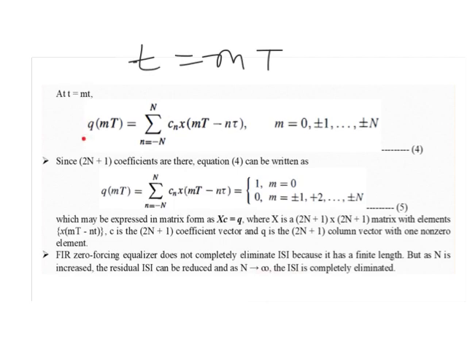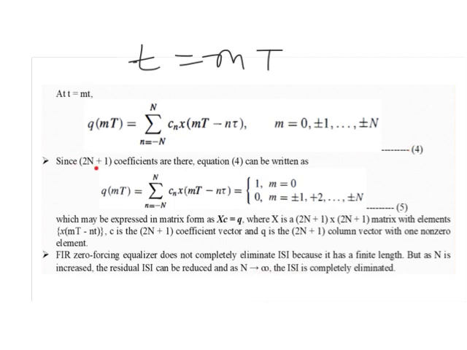The sampled value q of mT is equal to summation Cn x of mT minus n tau, where the m value ranges from 0, plus or minus 1, up to plus or minus N. We can take this as equation number 4.